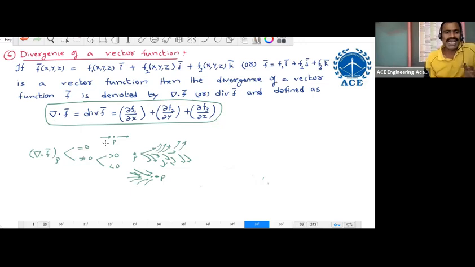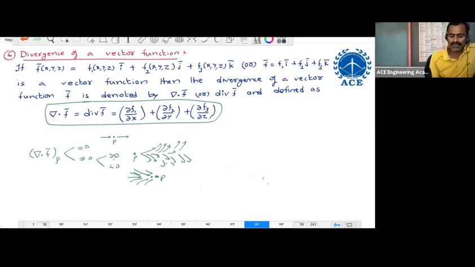In such a case, the flow is divergence free, or we can say that the vector is a solenoidal vector. Divergence free vector or solenoidal vector when divergence is 0.